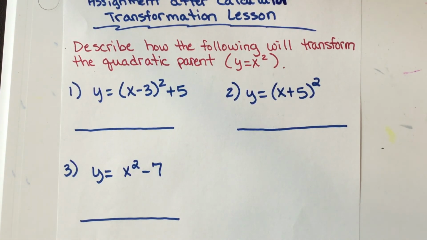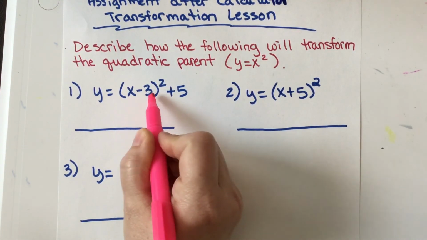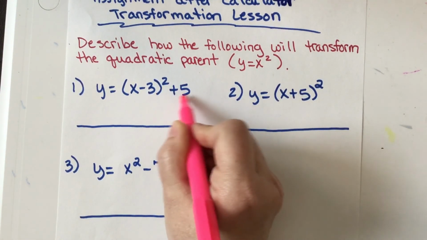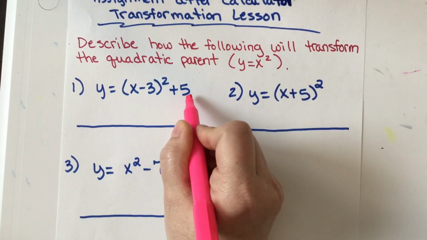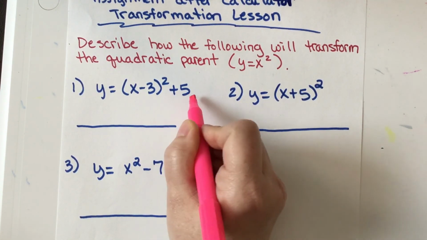So what you need to do is decide if the -3 is going to make it go right 3, left 3, up 3, down 3. And if the +5 is going to make it go left 5, right 5, up 5, or down 5.